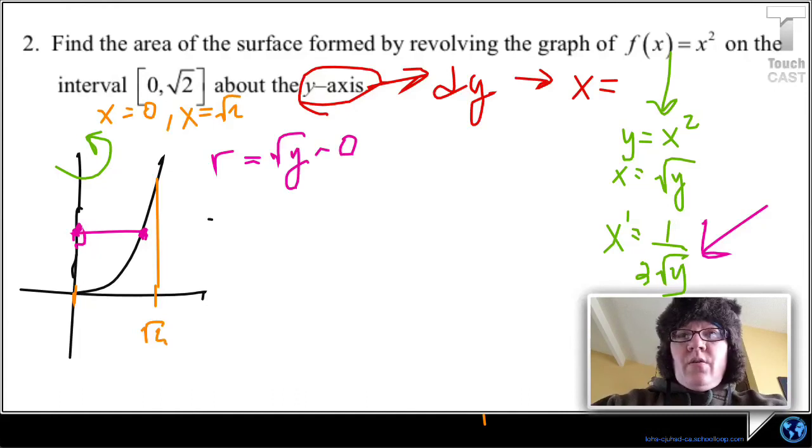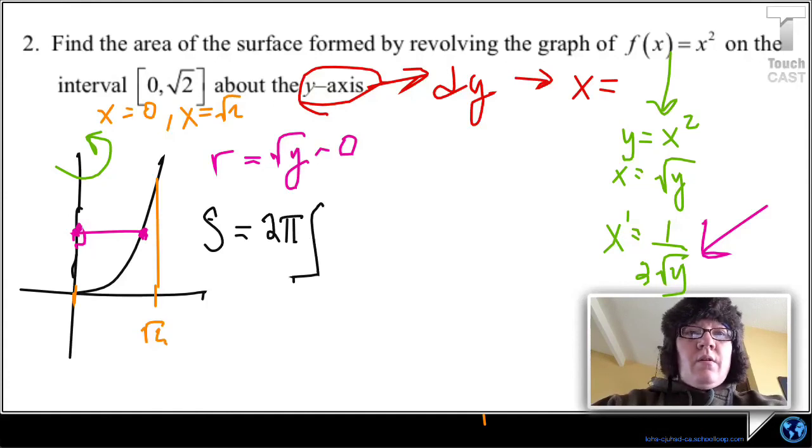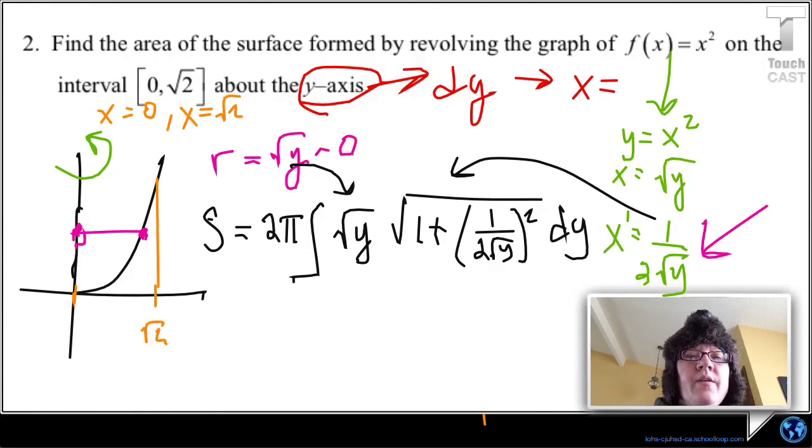So when I integrate to find my surface area, I will substitute in first my radius, and then my arc length. Now I'll have to figure out my bounds for y.